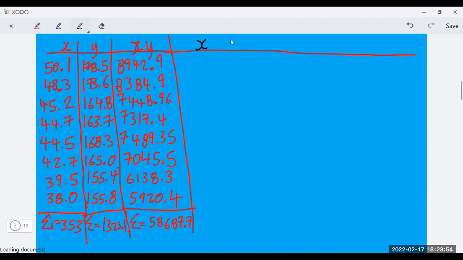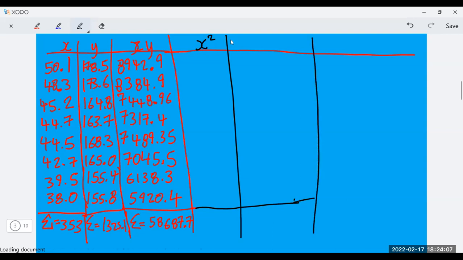We need x squared and we need y squared, then we're done. Yeah, it's a lot. But of course, in the exam, they're not gonna let you do all of these rigorous computations. They're gonna give you the sum of x squared and the sum of y squared. The only one you'll need to find is this one, x times y.